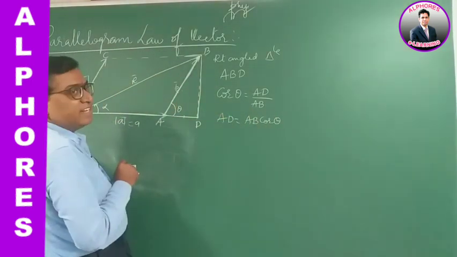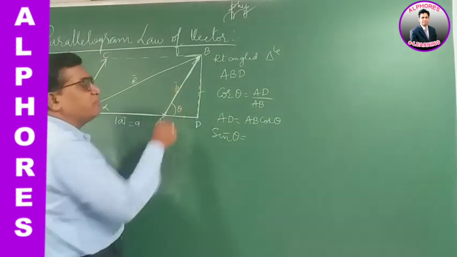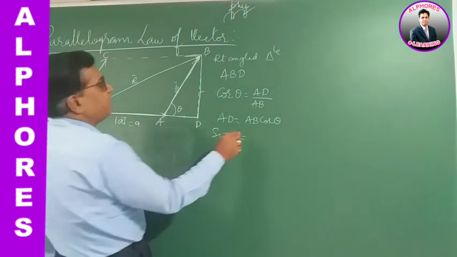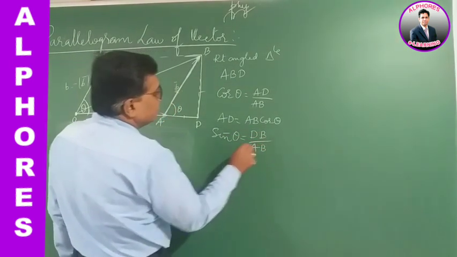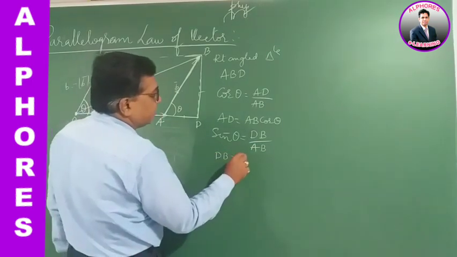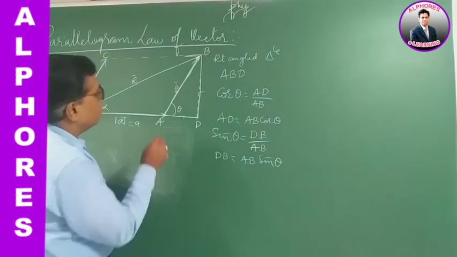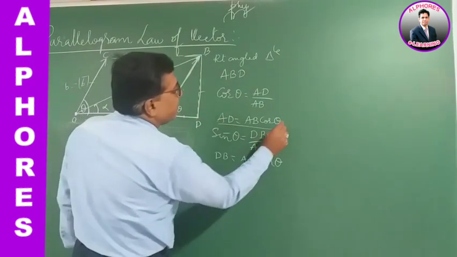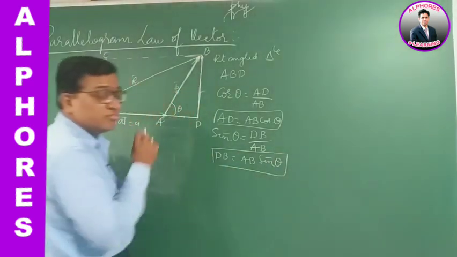Similarly, sin theta is opposite by hypotenuse, so we get DB by AB. Therefore DB is equal to AB sin theta. So AD is AB cos theta and DB is AB sin theta.